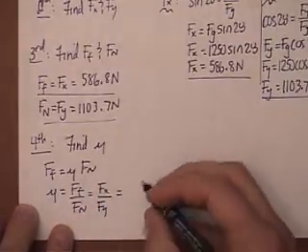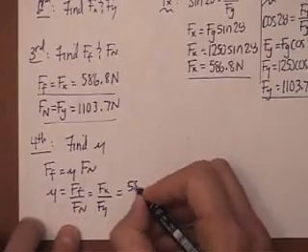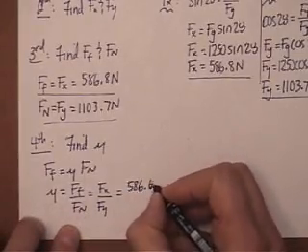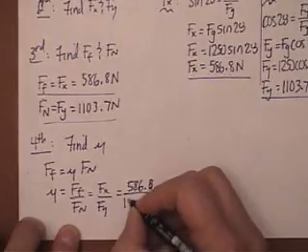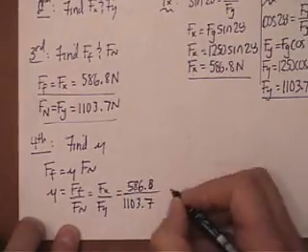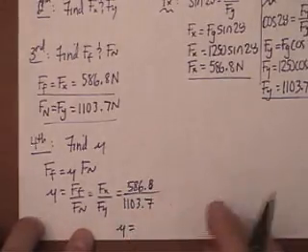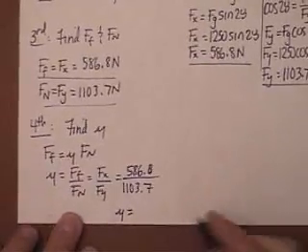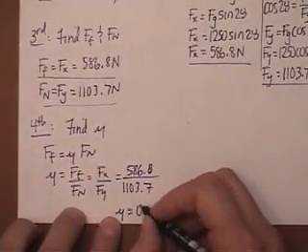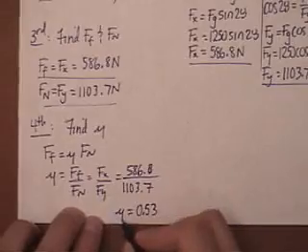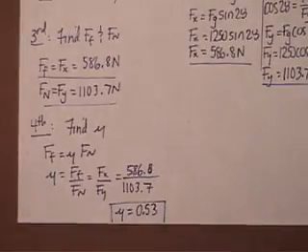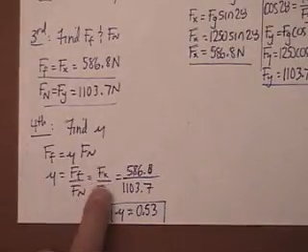I'll plug those in. Fx is 586.8 over 1103.7. So your coefficient of friction, when you plug that into your calculator, you end up getting 0.53.